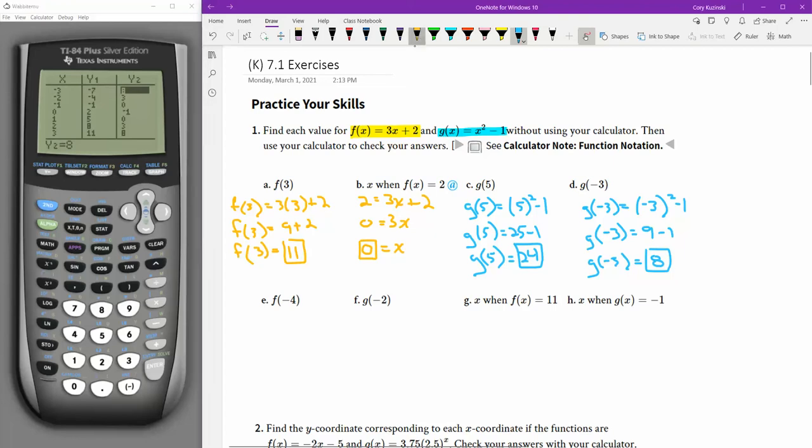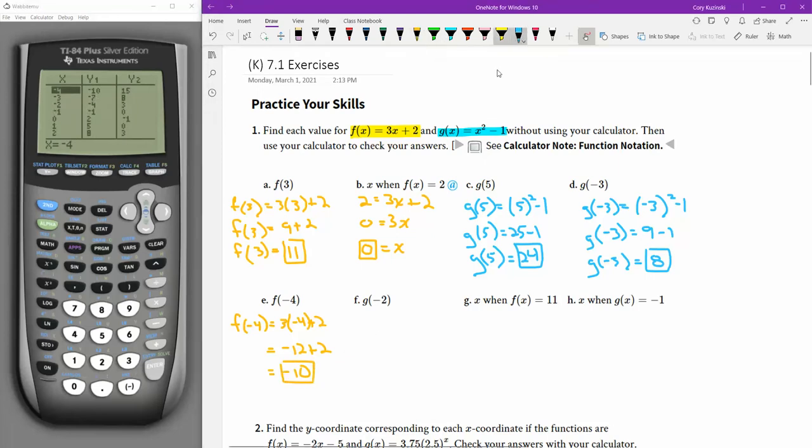Moving on, f of negative 4. That's going to be 3 times negative 4 plus 2, which is negative 12, plus 2, which is negative 10. So check that real easy. Negative 4, negative 10. There we go.